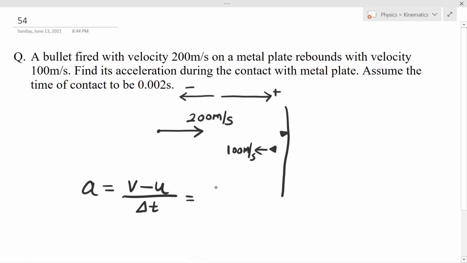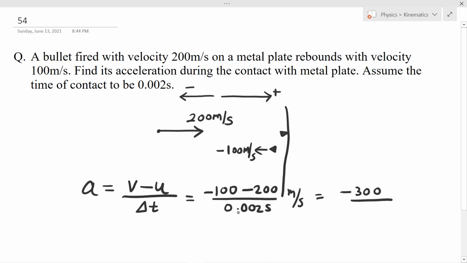This velocity will be minus 100 because it is in the left direction, and the initial is positive, so this is minus 100 minus 200 divided by the time interval, which is 0.002 seconds. So this becomes minus 300 divided by, taking it to the power, 2 into 10 to the power minus 3 meter per second square.